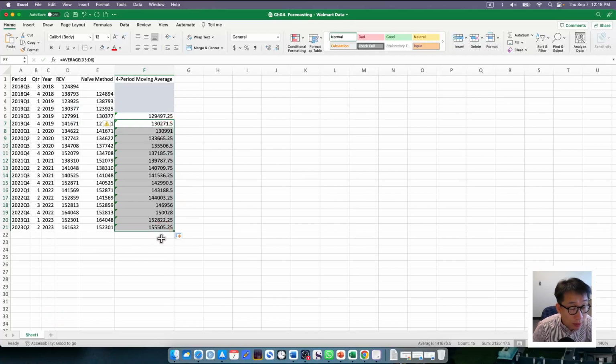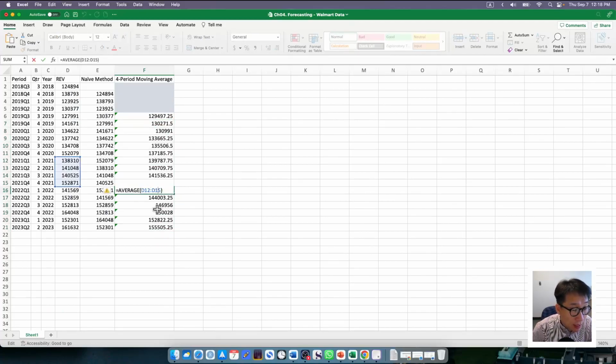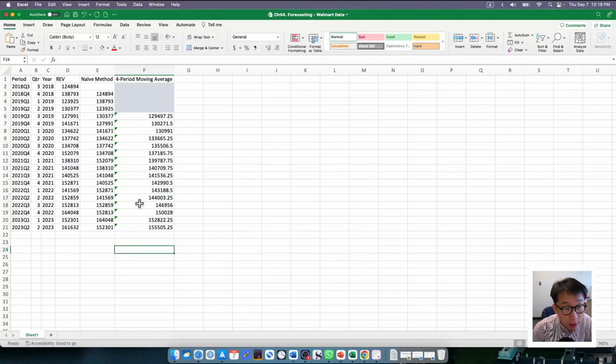Once you're done, please do not leave. Double click, just randomly click any cell to see whether the formula makes sense. So your prediction for 2022 first quarter is equal to the average of the previous 4 quarters. So I think we have done this correctly.